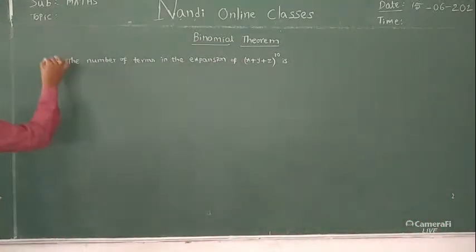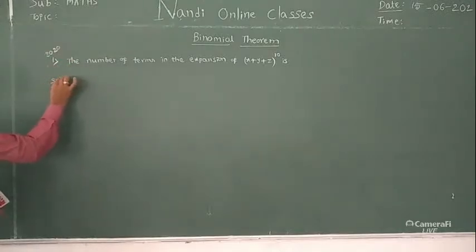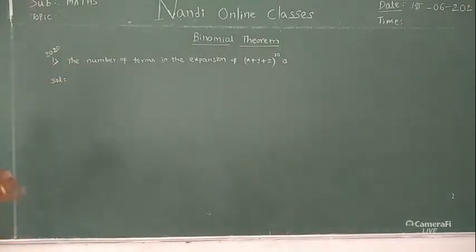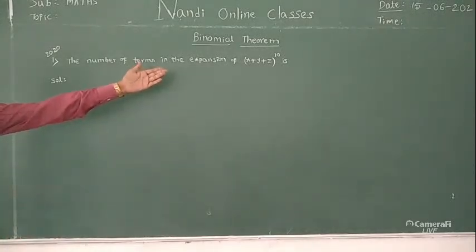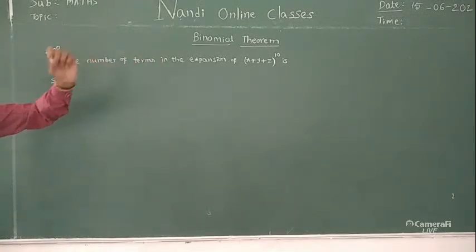Okay, solution. This is given in 2020. Here one trinomial term is given, (x plus y plus z) whole power 10. If you expand, how many terms come in that expansion.